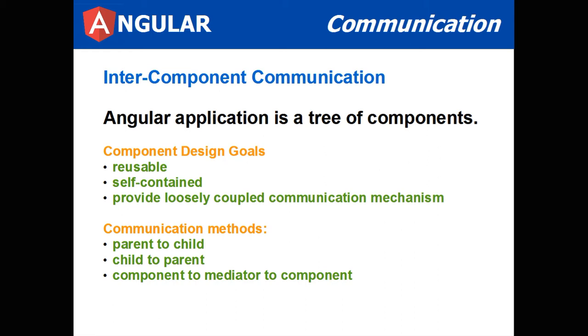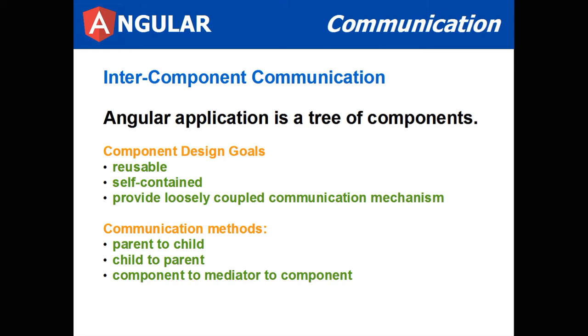What you'll see in Angular component templates is that the communication is typically defined using directives and annotations, and most of the communication does appear to be interpreted through the templates. So keep that in mind.